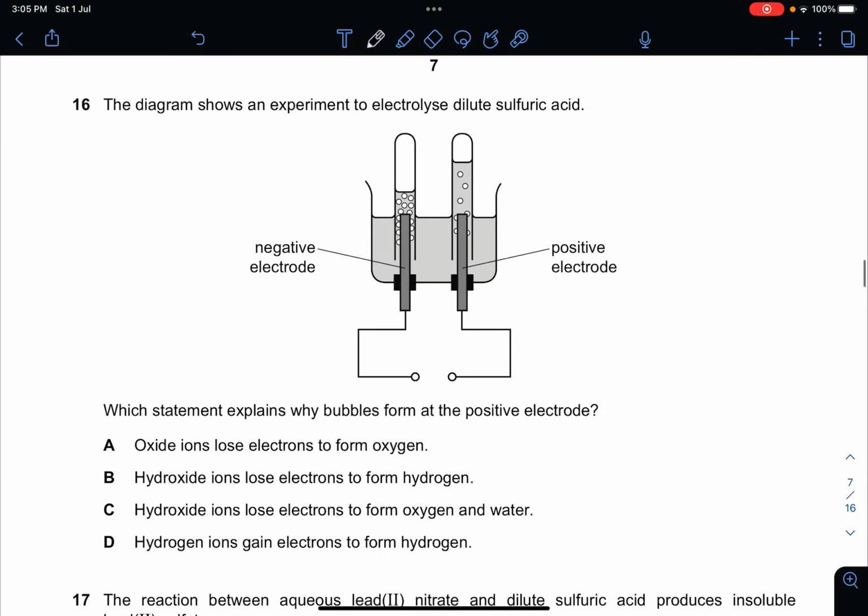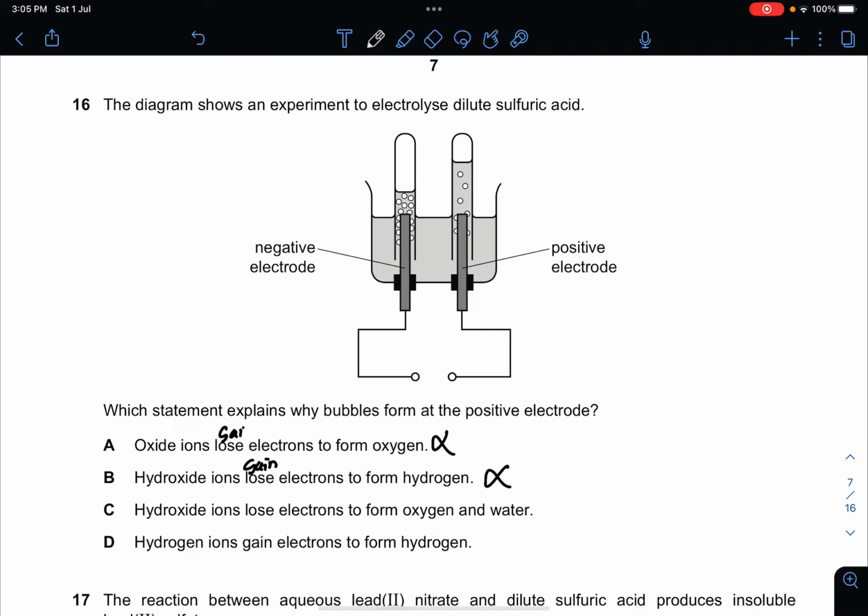Okay, question 16. The diagram shows an experiment to electrolyze dilute sulfuric acid. Which statement explains why bubbles form at the positive electrode? So this one, oxide ion lose electron to form oxygen. Nope. Hydroxide ions lose electrons to form hydrogen. Nope. They actually gain electron. This one they gain.